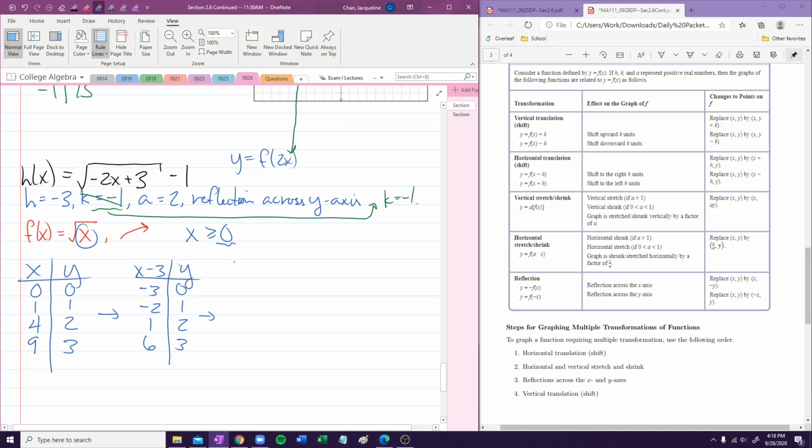So remember, x becomes x over A. So this is x over 2, or you can say 1/2 x. And then y: I have 0, 1, 2, 3, and for my x, I'm just going to divide it by 2 or multiply it by 1/2, so I get -3/2, -1, 1/2, and 3.